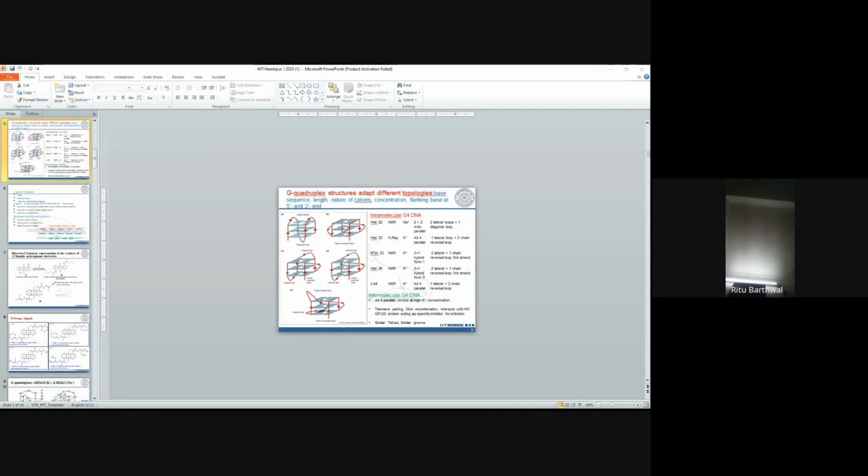What does it do actually? C3 prime endo or C2 prime endo will put the atoms in the deoxyribose sugar in different positions. This is what I mean by intricate conformational aspects. It will depend upon whether you have anti or syn, what the loops are, and what the flanking bases are. So ligands will recognize these and they will bind in a very, very specific way.